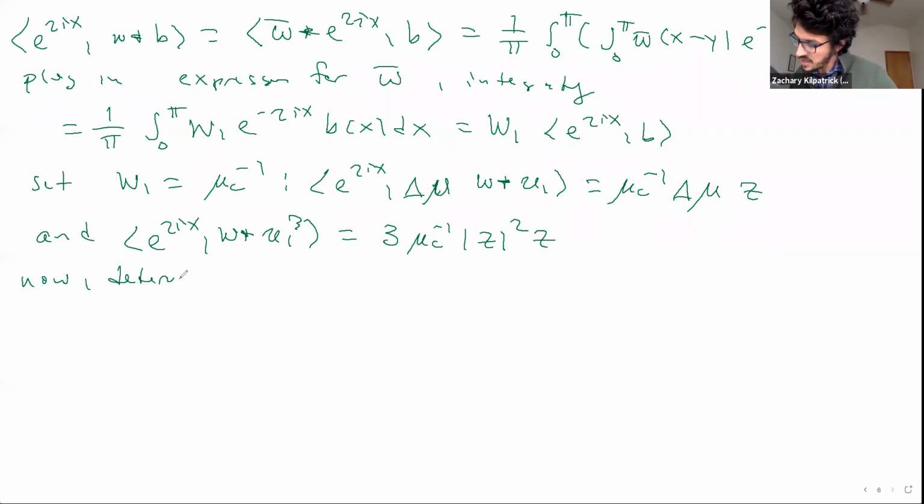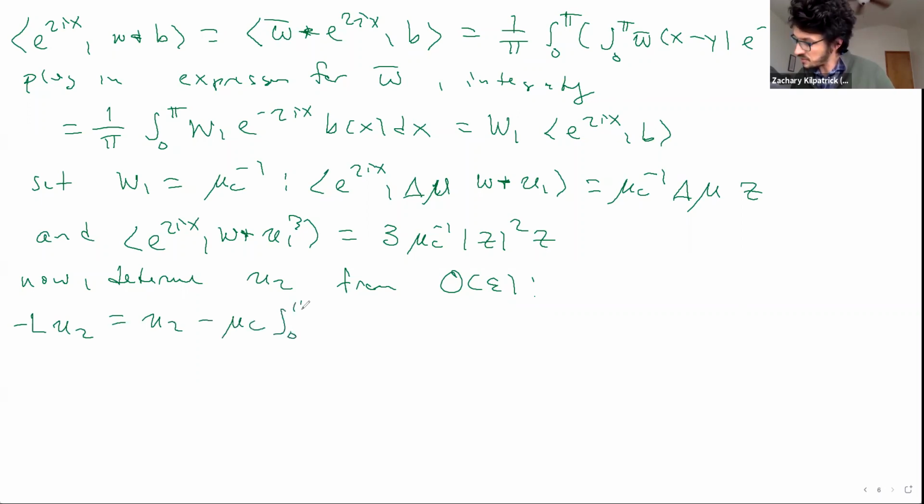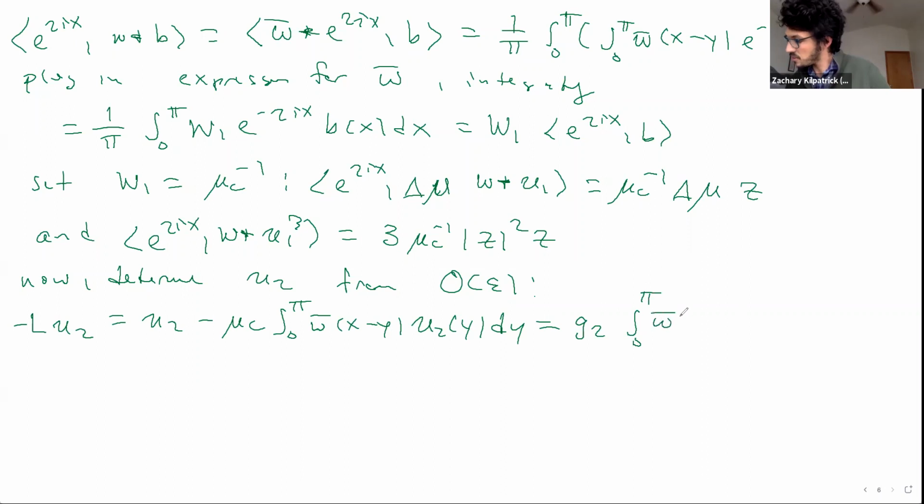Now we can determine U2 from the order epsilon equation, and we get that minus LU2 is equal to U2 minus mu c integral from 0 to pi w bar x minus y U2 y dy. This is equal to G2 integral from 0 to pi w bar x minus y u1 squared y dy, okay?